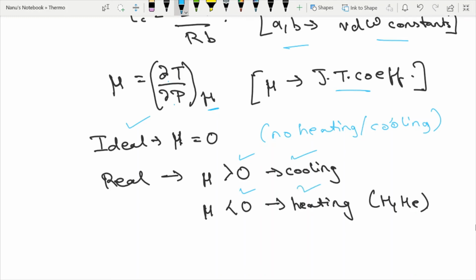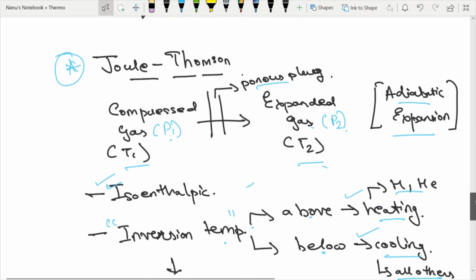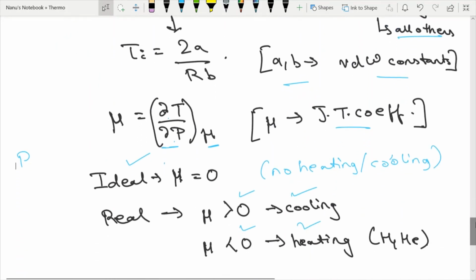Why? Because the change in pressure is going from more compressed to less compressed. It's going from P1 to P2, where P1 has more pressure and P2 has less pressure.